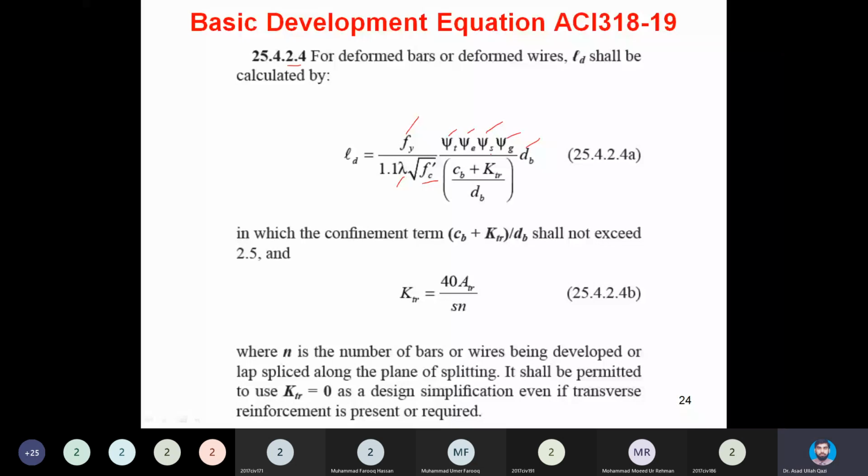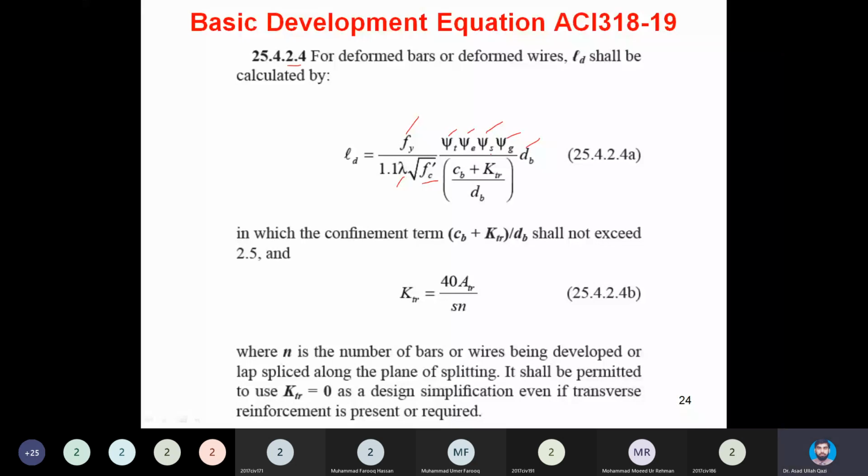So in this way, I can say that I am having one set of equation which is applicable for all the dias.